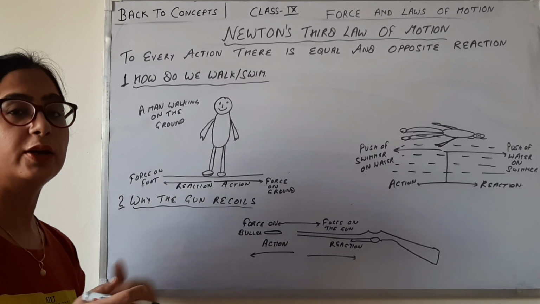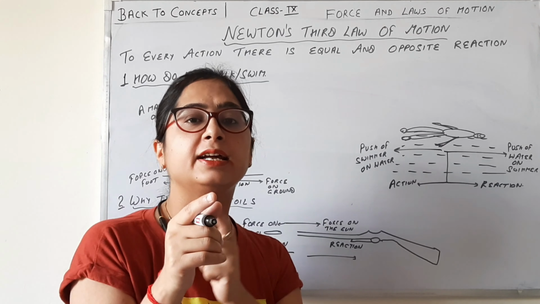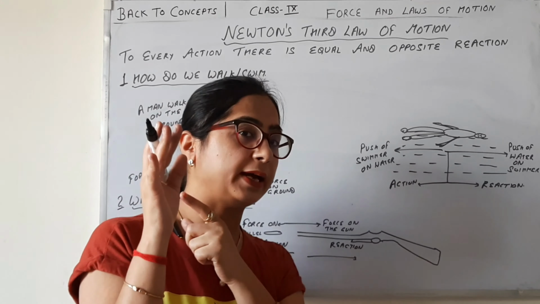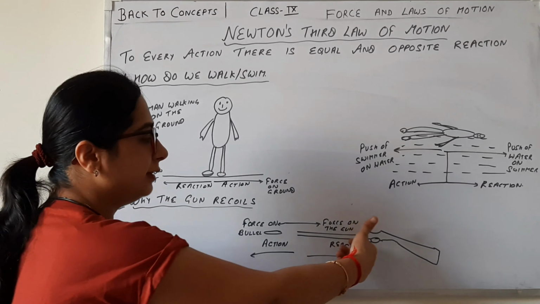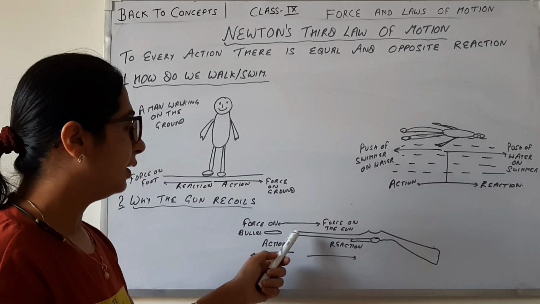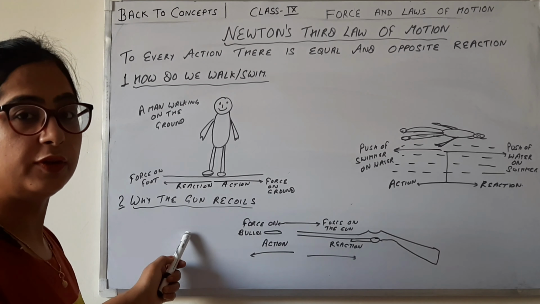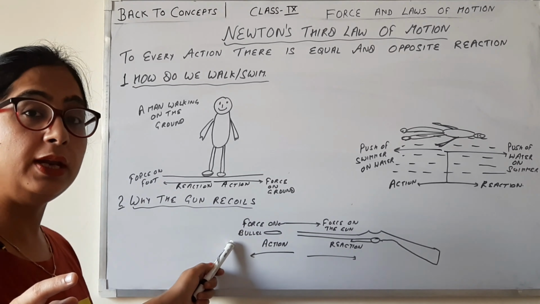Why does the gun recoil? Recoil means when a bullet is fired, the gun moves in the backward direction. So how does this happen? When we pull the trigger, a fast moving bullet moves in the forward direction. So this is known as the force on the bullet.